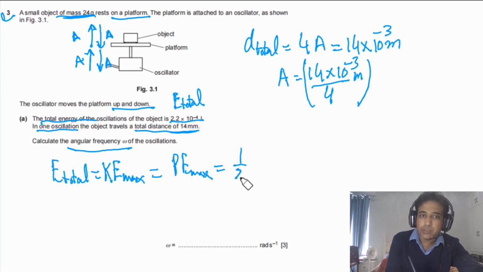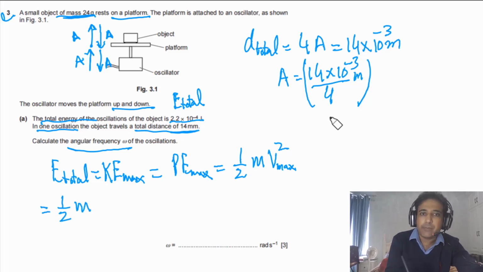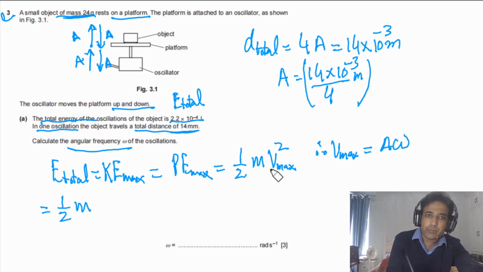We can say this will be equal to 1/2 m V max squared. Here we have m. And V max, we need to understand, V max is equal to A omega. So simply we can replace V max with A omega, so we will get A squared omega squared. Now simply we need to plug in values.